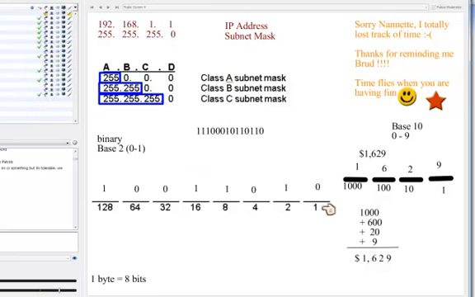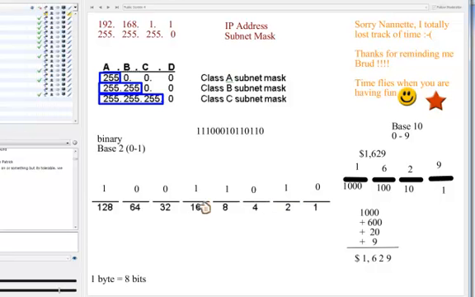All right, so with binary, we start with 1. This part stays the same. But with binary, it's base 2, so now we're going to multiply by 2. These placeholders, or these values, double. 1 times 2 is 2. Times 2 is 4. Times 2 is 8.